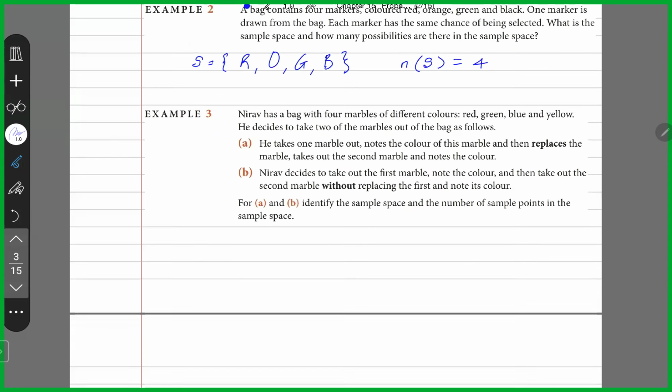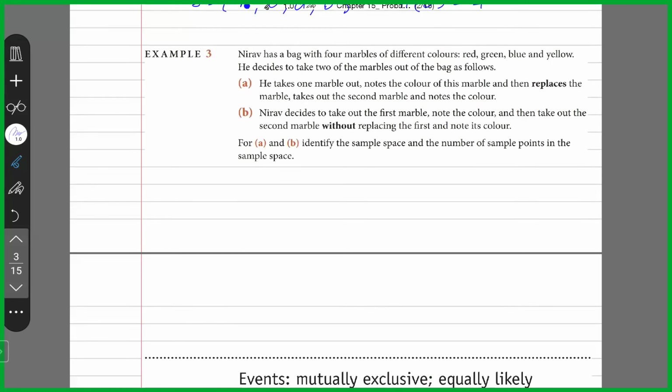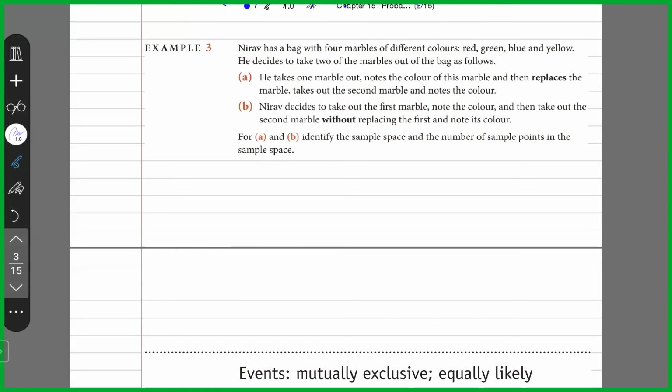Example 3 says, Nirav has a bag with 4 marbles of different colors: red, green, blue, and yellow. He decides to take 2 of the marbles out of the bag as follows.